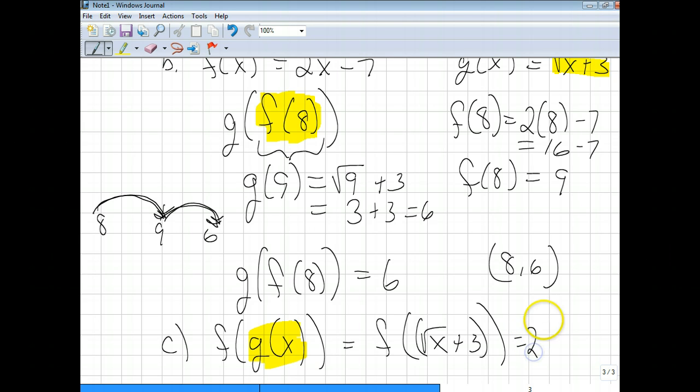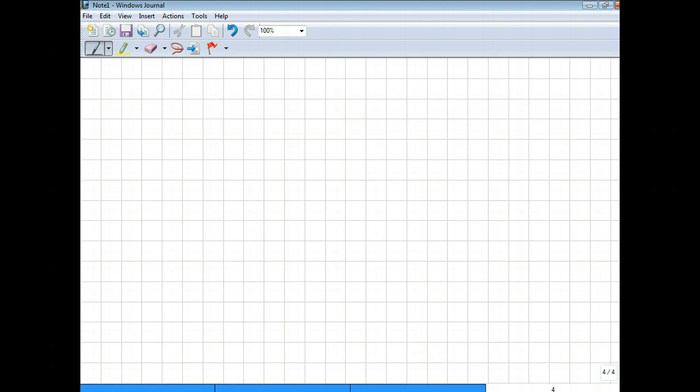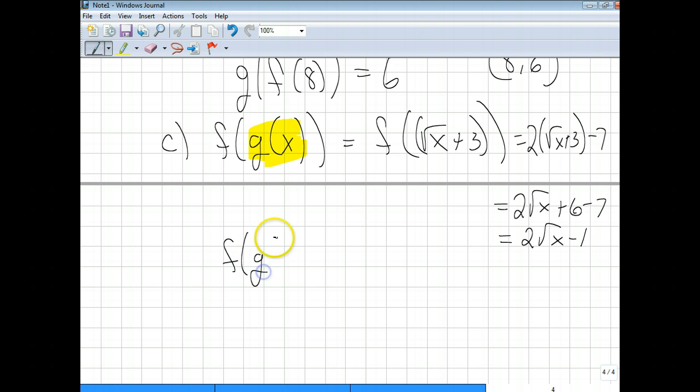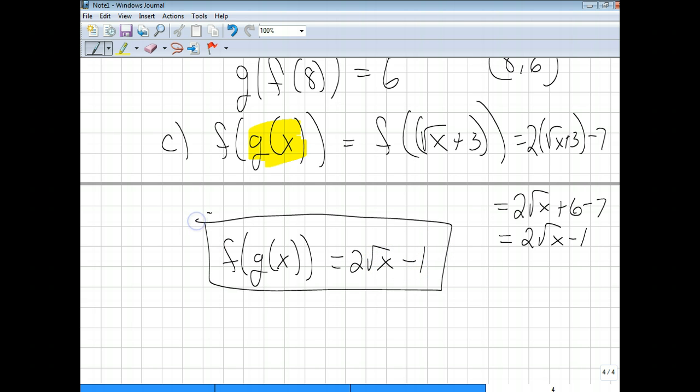So it's going to be 2 times the square root of x plus 3 minus 7. So if I simplify that, distribute the 2, so that's 2 square root x plus 6 minus 7. So that's 2 square root x minus 1. So f of g of x is equal to 2 square root x minus 1. So this is the composite function.